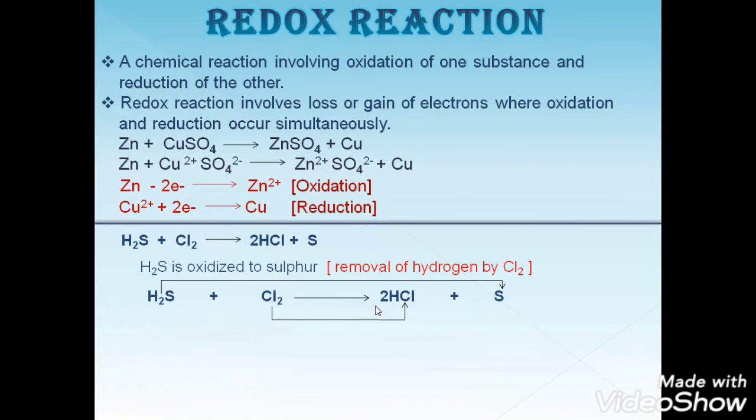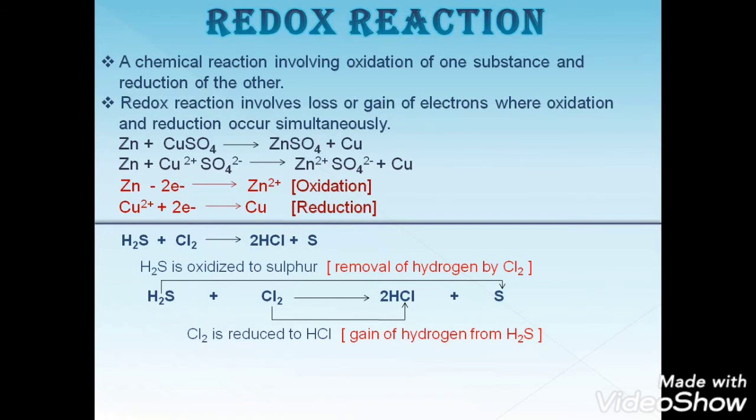Simultaneously, chlorine here becomes hydrogen chloride. So you notice the difference. Addition of hydrogen. Addition of hydrogen is what? Reduction. That means chlorine is getting reduced to hydrogen chloride. HCl is a reduced product. Chlorine is reduced to HCl, gaining hydrogen from H2S. Now chlorine is getting reduced, but it itself is an oxidizing agent.